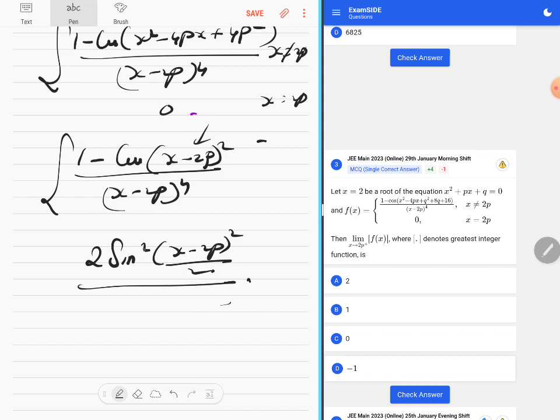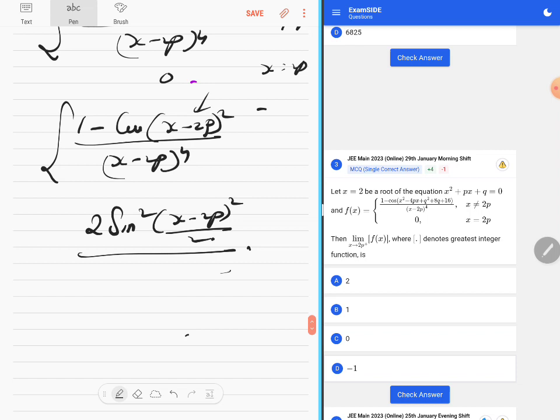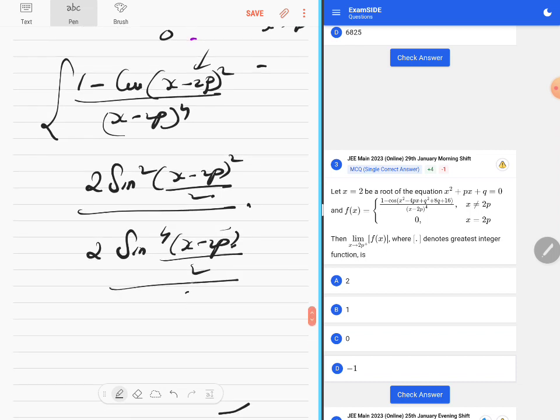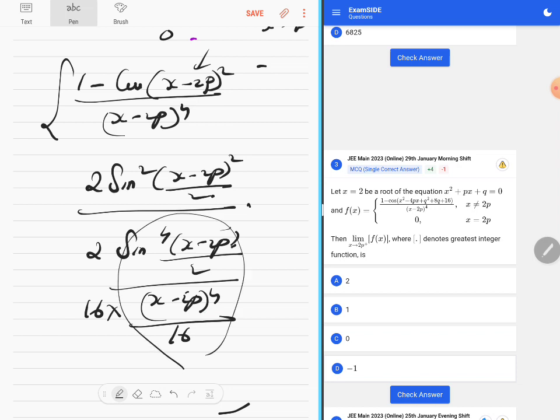Can I take this as 2 sine to the power 4 of x minus 2p? I think I can do that. That is why you need an x minus 2p the whole to the power 4, which is already existing. But you need a 2 to the 4, so 8, 8 2s are 16. So multiplying and dividing by 16, this whole thing becomes 1. You get 1 by 8.